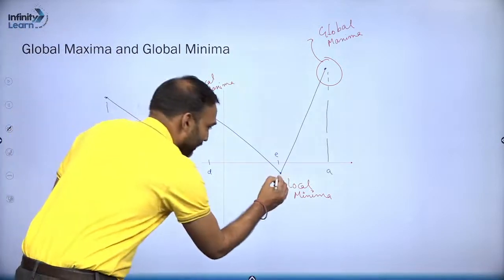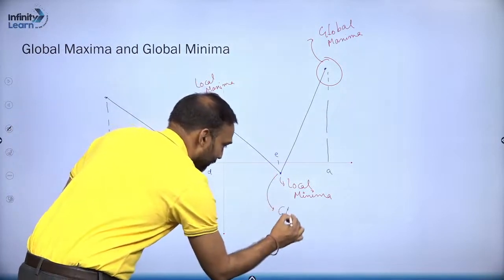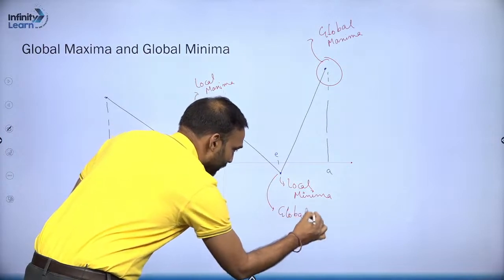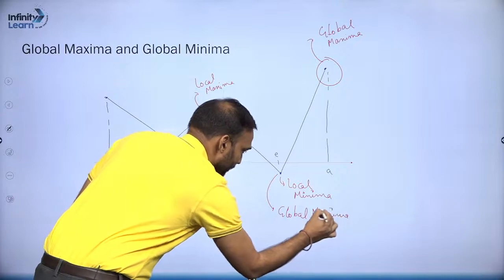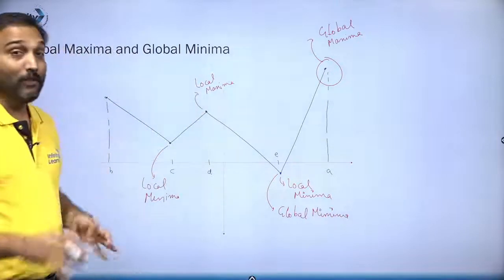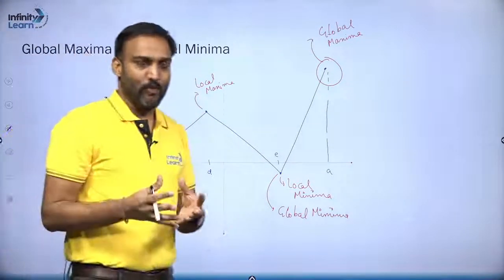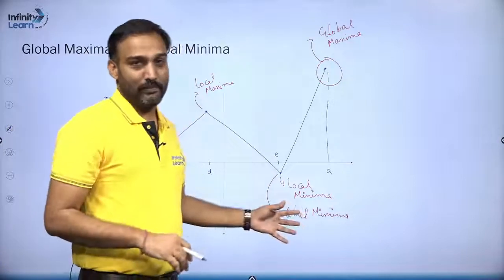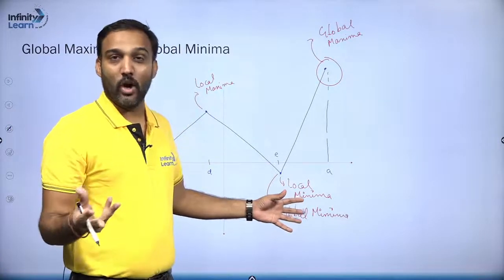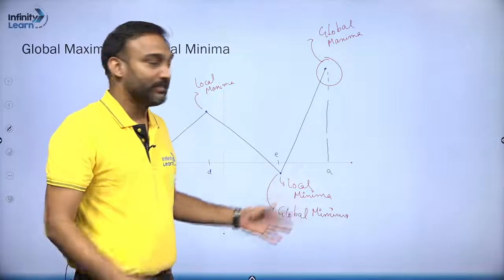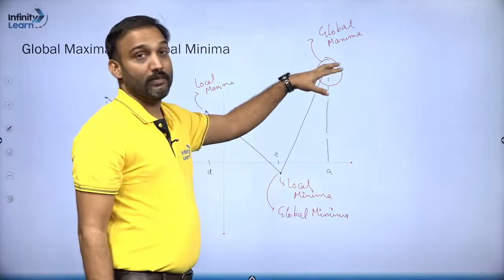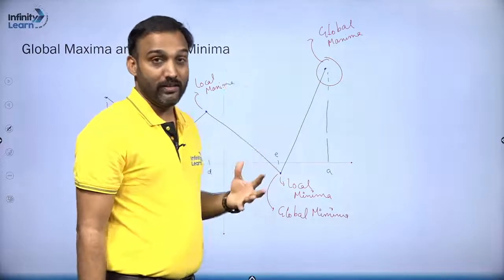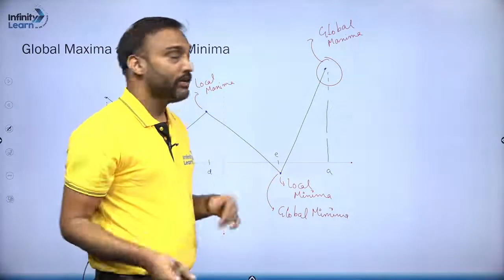Smallest value is over here. So this is global minima. So I have both the possibilities in this particular graph. A global maxima can occur at a local maxima as well, or your global maxima is over here where there is no local maxima. So global can occur at any point whether there is local maxima or not.